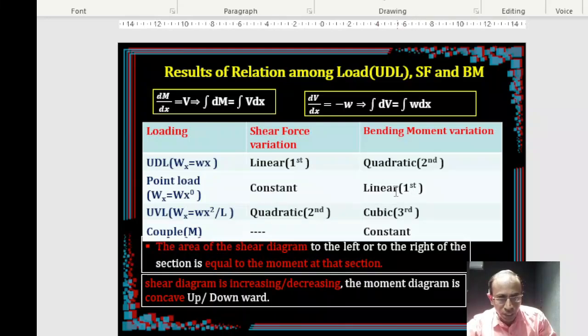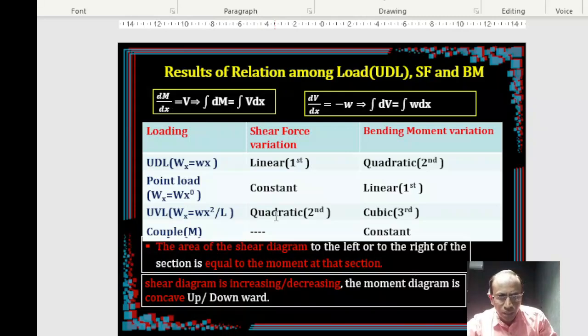If you have a UVL, which means the kind of loading where there is a uniformly varying load acting over a particular distance, when you try to calculate the equivalent load of that, it may be a second order magnitude, of second order type.